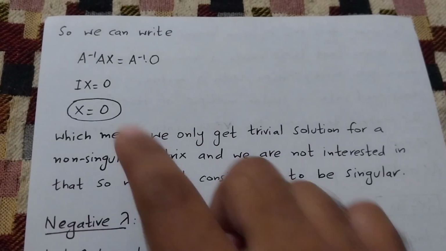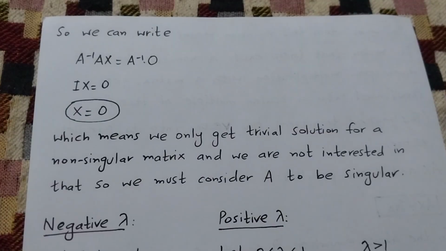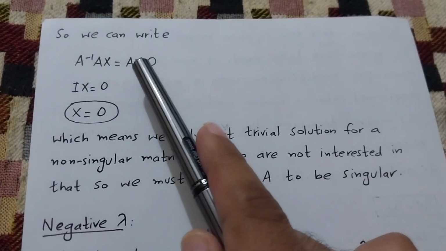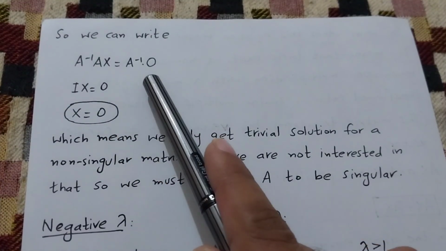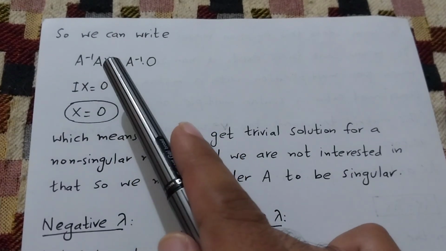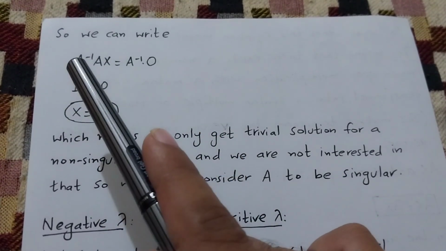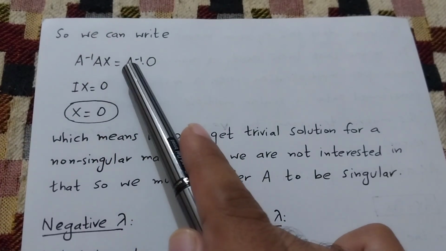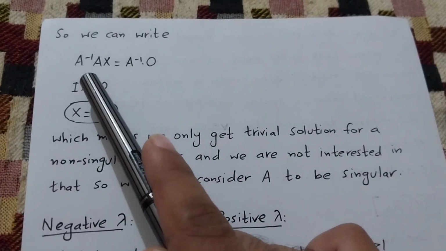So that means that we can write ax is equal to 0 as a inverse into ax is equal to a inverse into 0. So we have basically multiplied by a inverse, because a inverse does exist if we consider A to be non-singular. We can multiply both sides with a inverse on the left hand side.